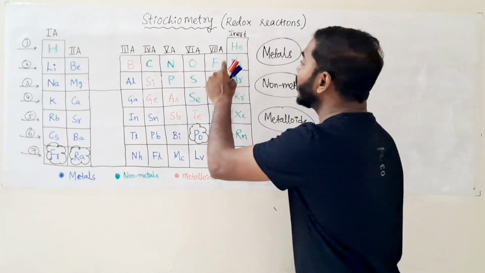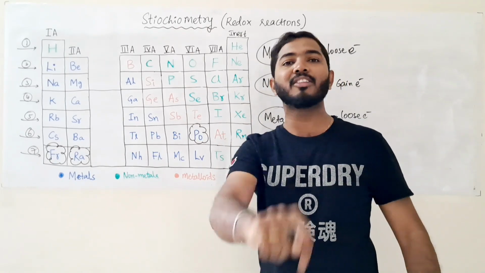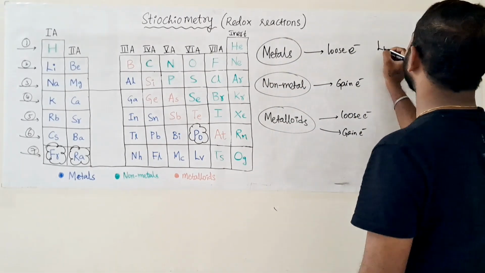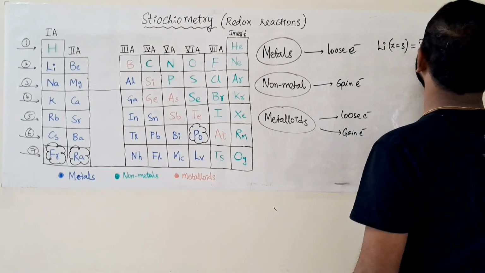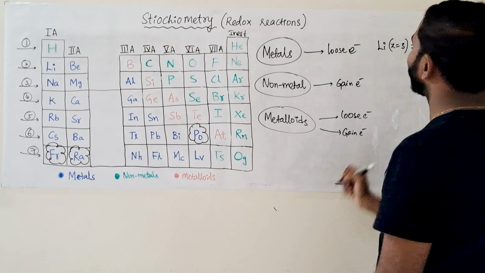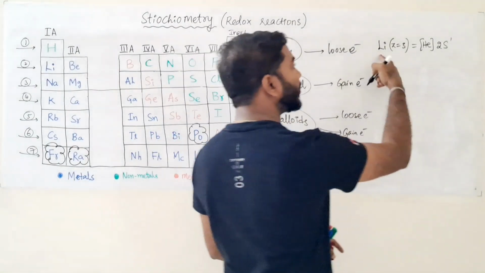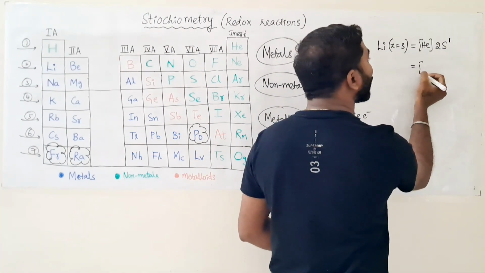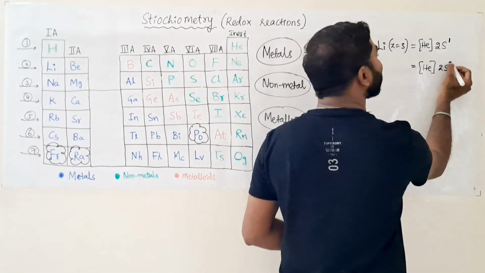Now fluorine wants 1 electron, and lithium is ready to give 1 electron. Why is lithium giving 1 electron here? Going back to our concept of electronic configuration, its electronic configuration is helium 2s1. I hope you understood. If this lithium loses this 2s electron, then it is going to get the helium configuration with 2s0.